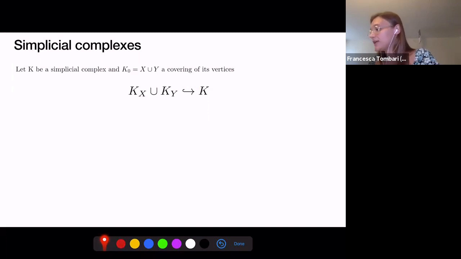You will hear me refer to this union of restricted K as the data-driven decomposition of K.